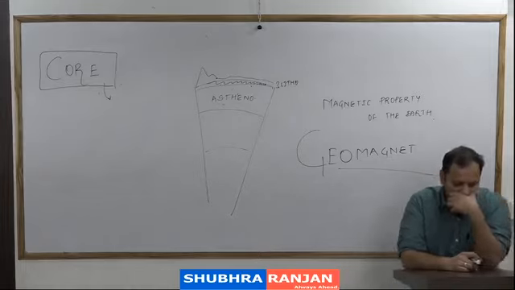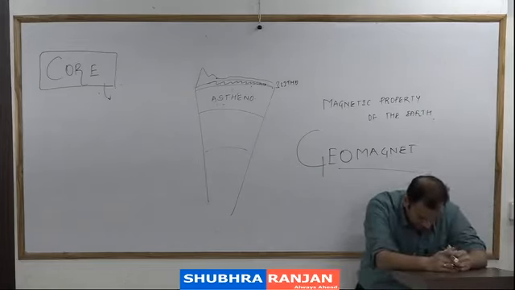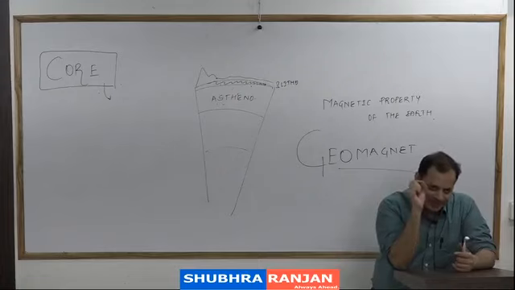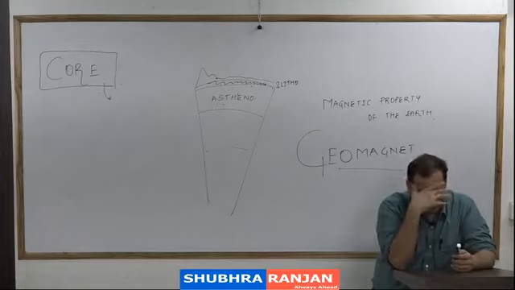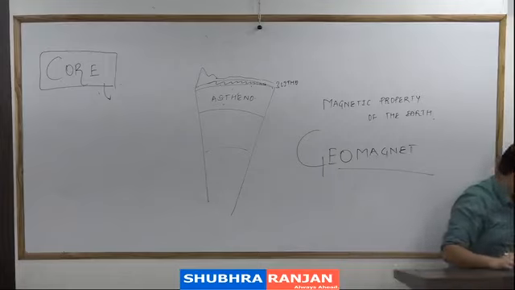As the speed of P waves is highest in the inner core, we conclude that the inner core is solid.